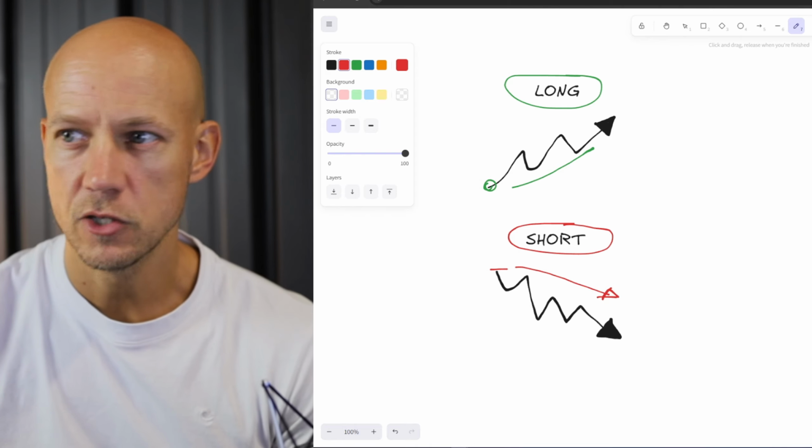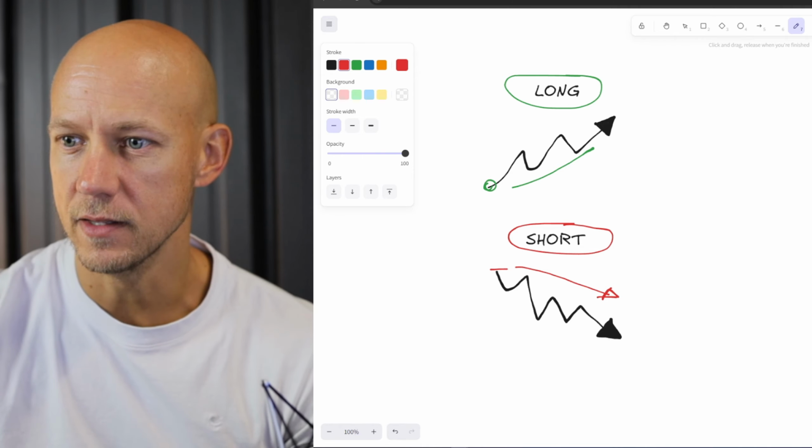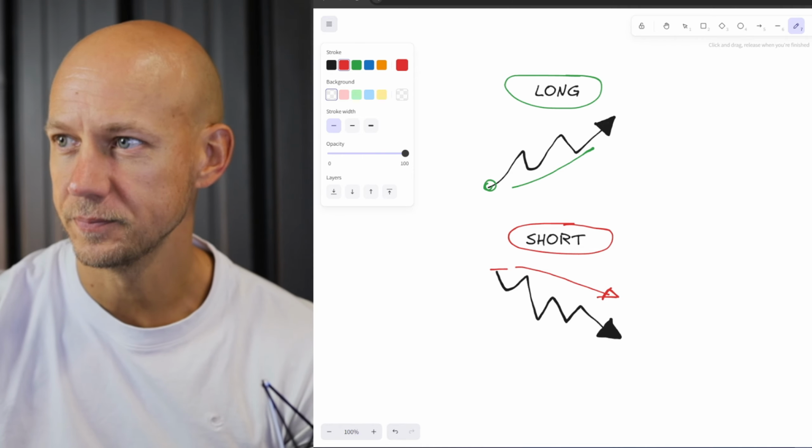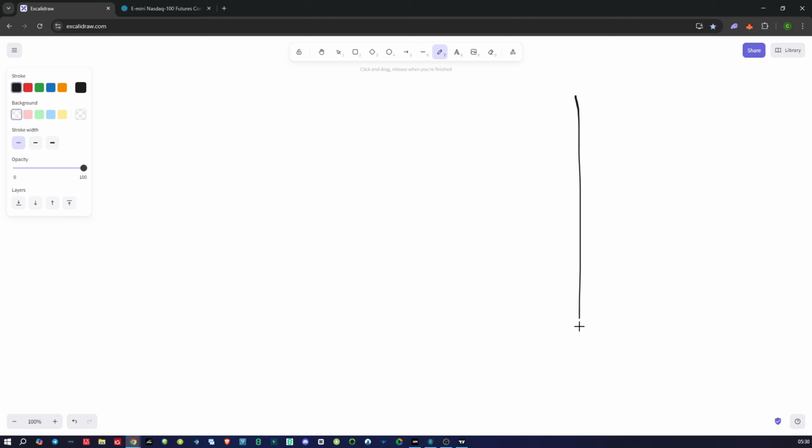Okay. I'm going to quickly take my face out of the way here, and then we are talking about supply and demand. This would be the price levels.